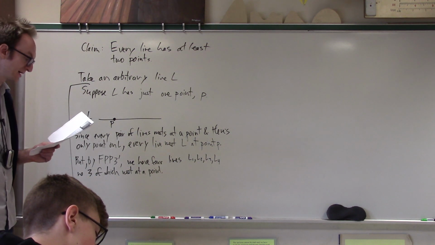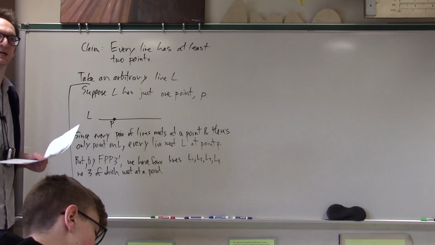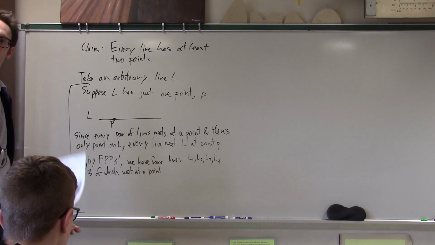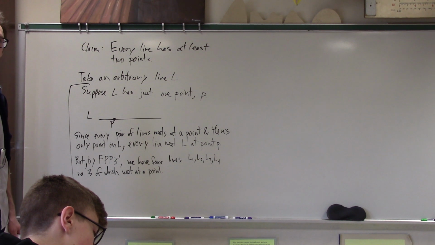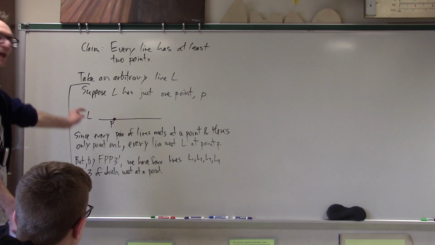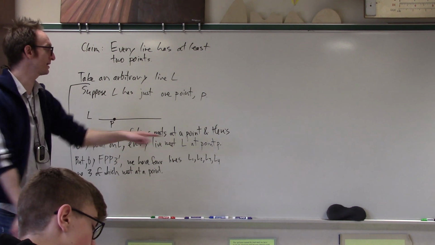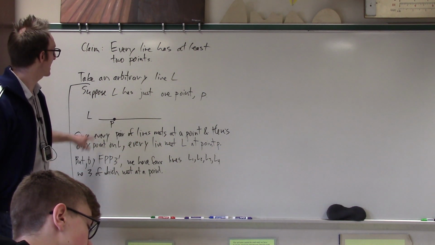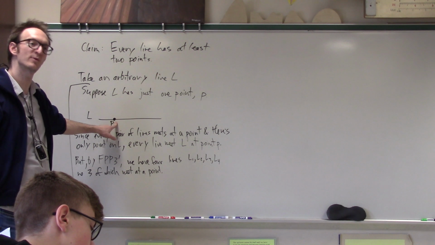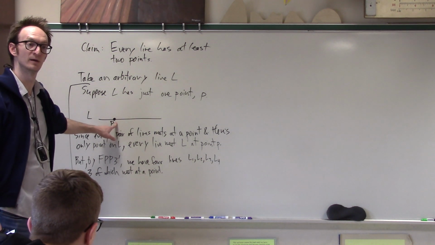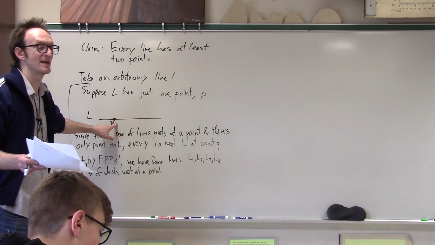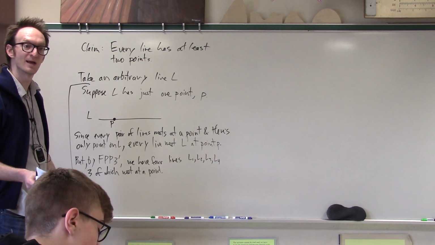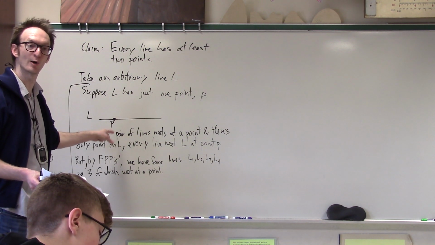Here's where it gets a little weird, because I don't know whether line L is one of those lines or not, but it doesn't matter. If L is not L1, L2, L3, or L4, then I have all of L1, L2, L3, and L4 meeting L at P, because they must intersect every other line, and there's only 1 point on L, so they all go through P.